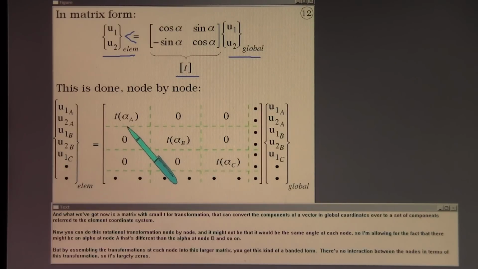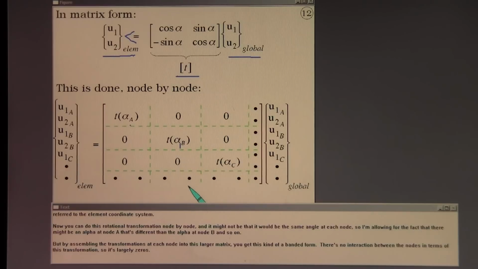So I'm allowing for the fact that there might be an alpha at node A that's different than alpha at node B, and so on. But by assembling the transformations at each node into this larger matrix, you get this kind of a banded form. There's no interaction between the nodes in terms of this transformation, so it's largely zeros.